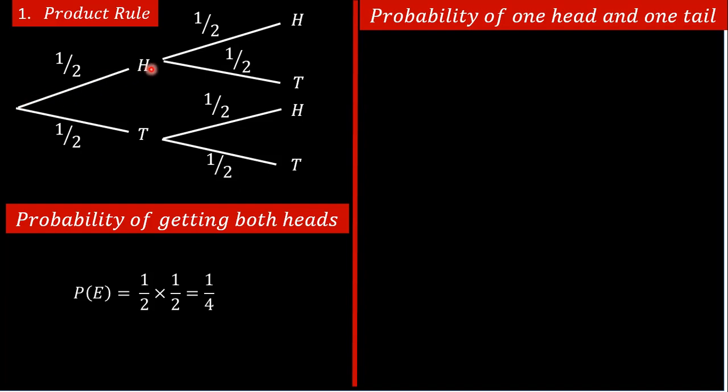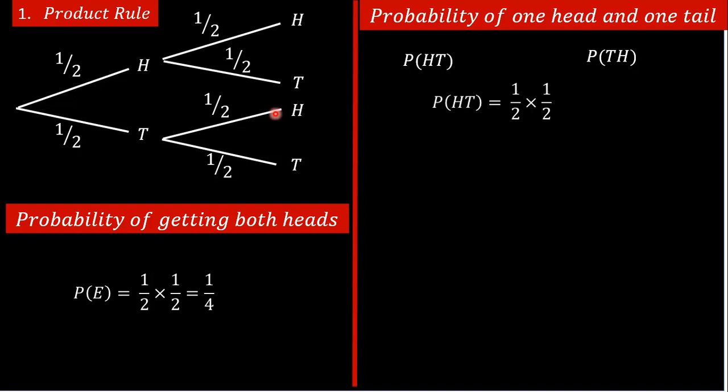Look at this, we are getting head on the first and tail on the second. So this is the first branch that you have to consider, and there is another branch which can satisfy this given condition, that is getting the tail on the first and head on the second. So students, you can see that the head and tail, and the tail on the first and head on the second, are both satisfying the given scenario.